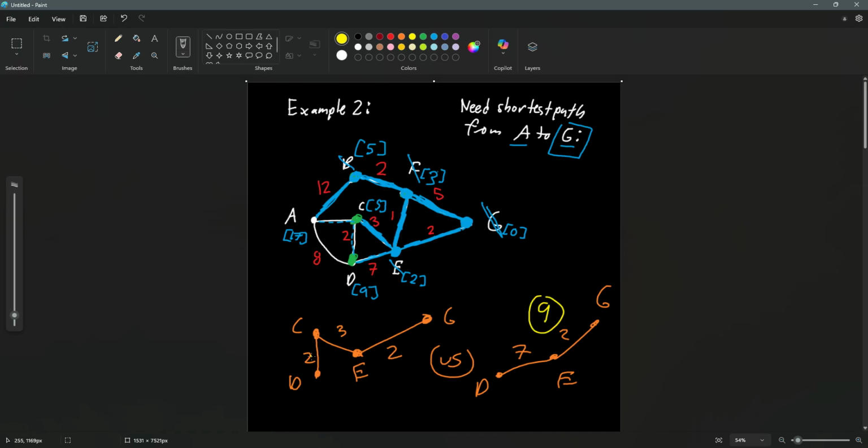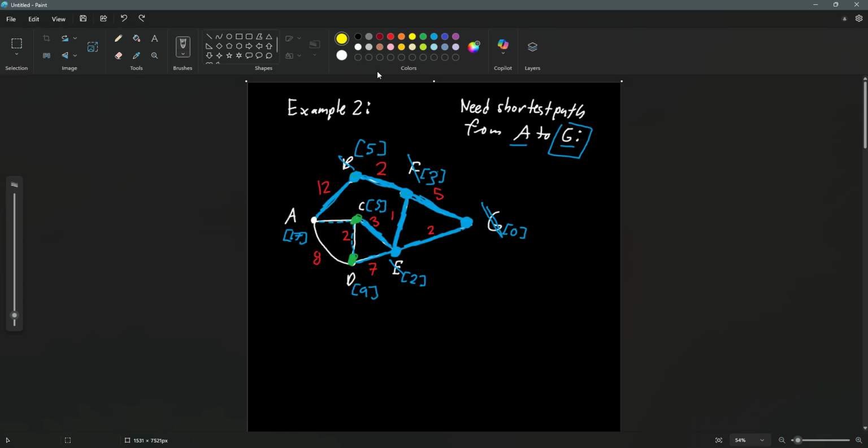And the one on the left is 2 plus 3 plus 2, which is 7. So 7 is smaller than 9. And because we found a path that's faster for D, we're going to update D to have that number. So right now it has 9, and we're going to update it to have 7.